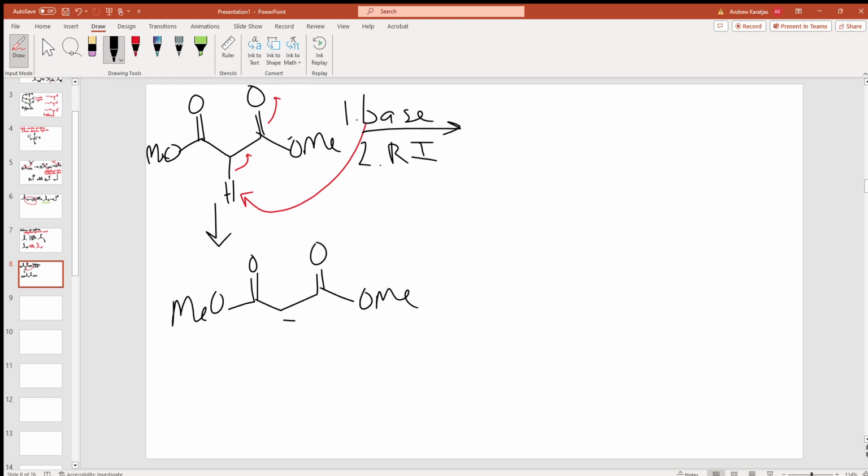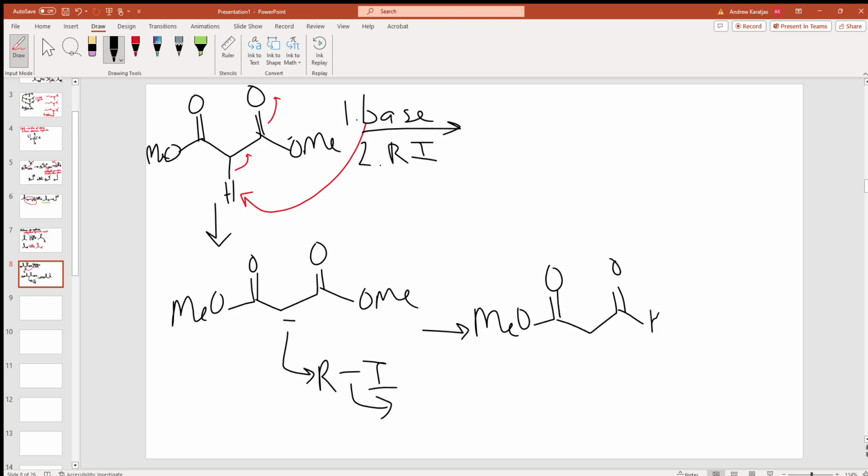So we form our enolate, and our enolate adds whatever R group we've added as our electrophile. All right, so far nothing unusual going on.